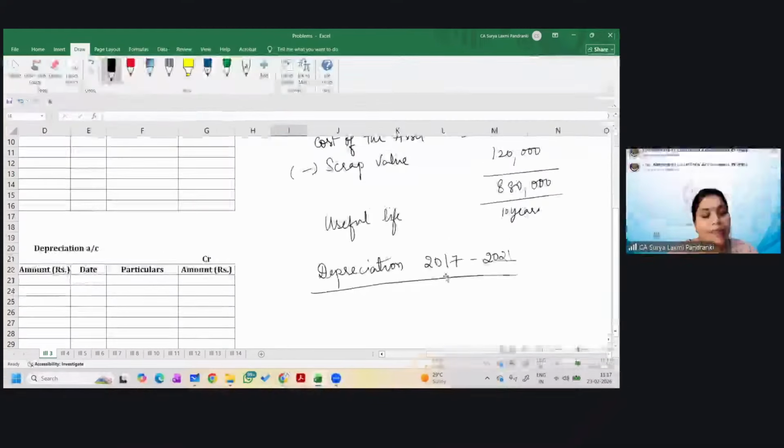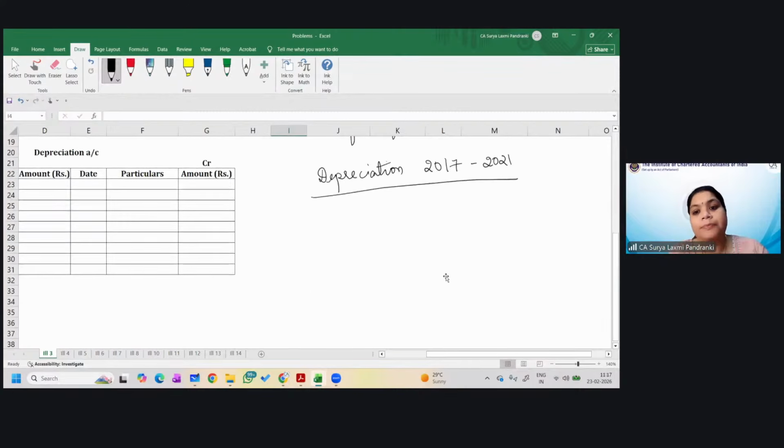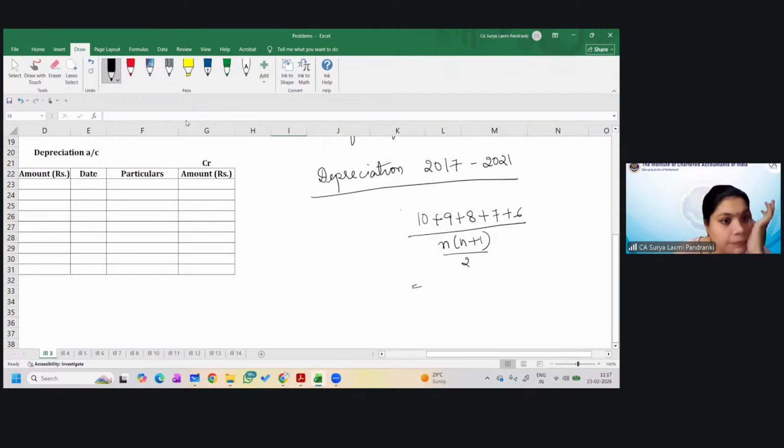How will you calculate 5 years depreciation? The method that we have followed, you remember that? 10 plus 9 plus 8 plus 7 plus 6 divided by n into n plus 1 by 2. This is how much? Calculate this figure.